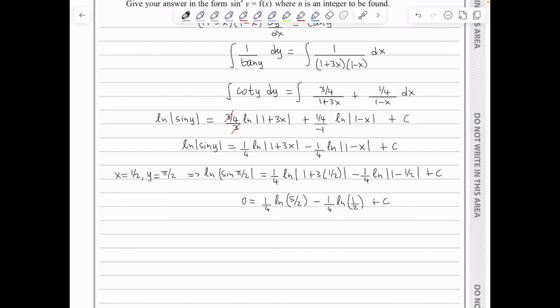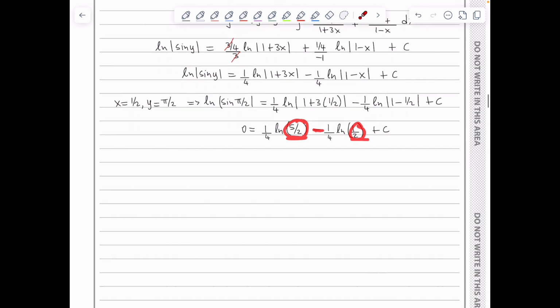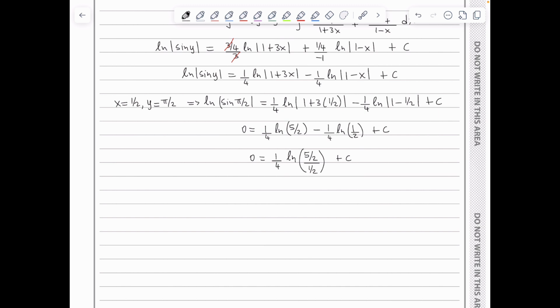Now we know that when we are deducting logarithms, then we simply do the quotient. So I'll be doing 5 over 2 divided by a half. So we now have 0 being equal to 1/4 ln of 5 over 2 divided by a half plus c. So we're dealing with 0 being 1/4 ln of 5 plus c.